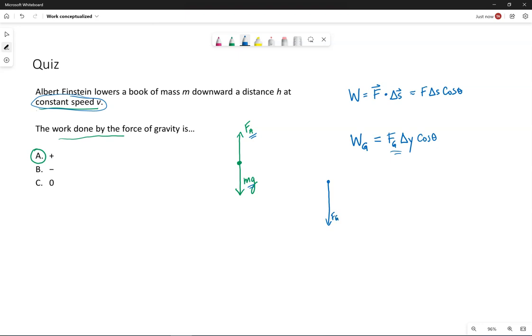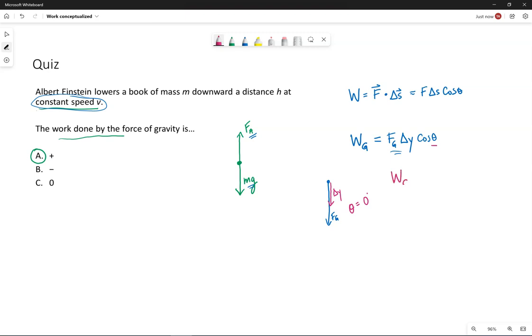So force of gravity points downwards. The direction the book is traveling in is also downwards. So theta in this equation is 0 degrees. Those two vectors are in the exact same direction, so there is no angle between them.